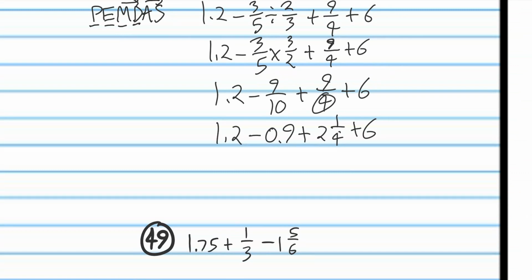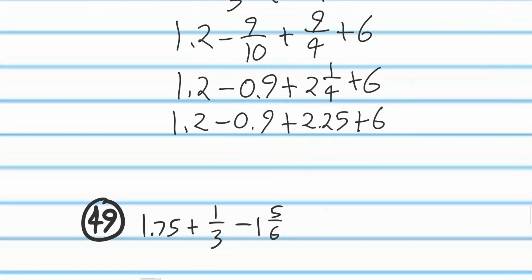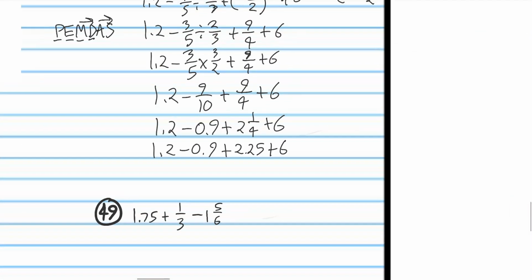And just rewrite the denominator. So now we have 1.2 minus 0.9 plus 2 1/4. Now we already figured out that 1/4 is 0.25, so I'm just going to add that 0.25 there. But again, you just take 1 and divide by 4 using the long division algorithm, as we said a million times today already. All right, so now we have a bunch of decimals and we're ready to go.